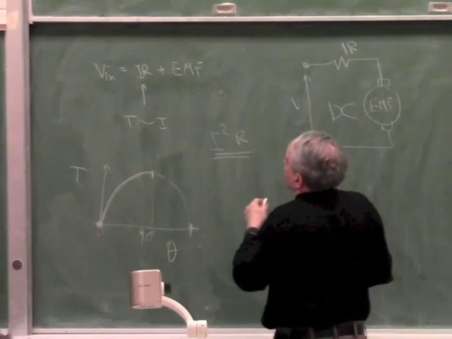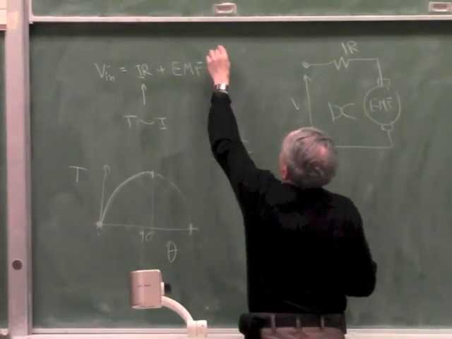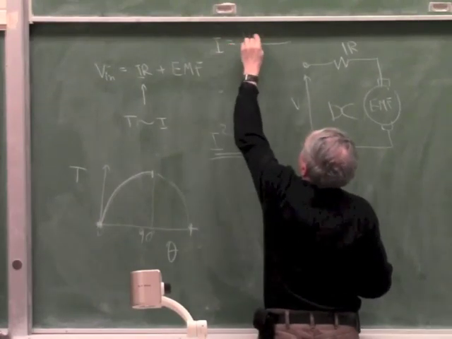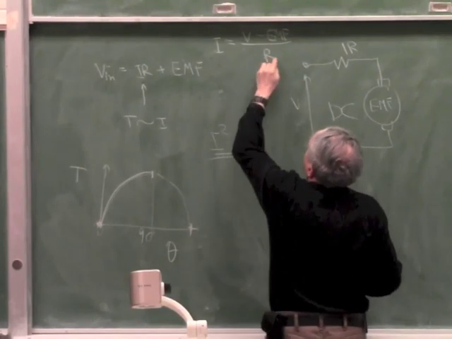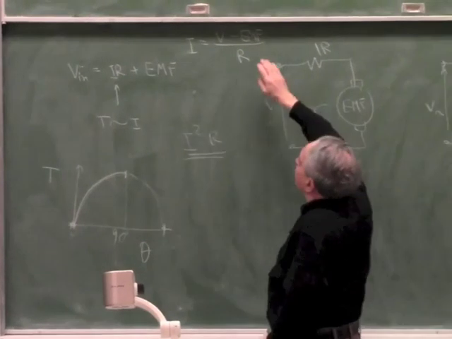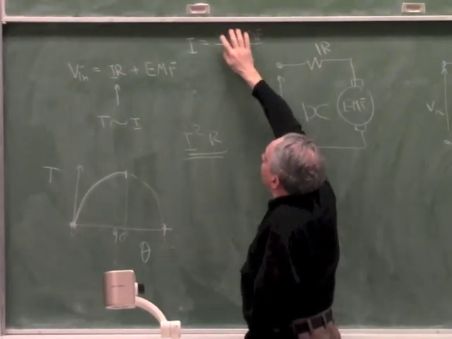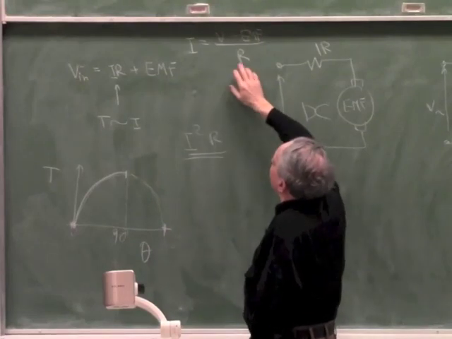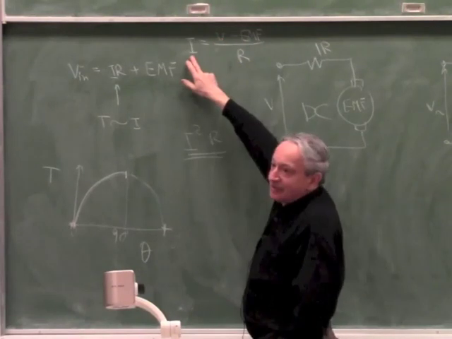If it's not fully clear, just rewrite this equation. The way we wrote it for the DC motor, I is V minus EMF divided by R, or divided by Z. So if I lower the frequency, the EMF goes down, so this number becomes bigger, so I have to make this number smaller as well to keep I constant.